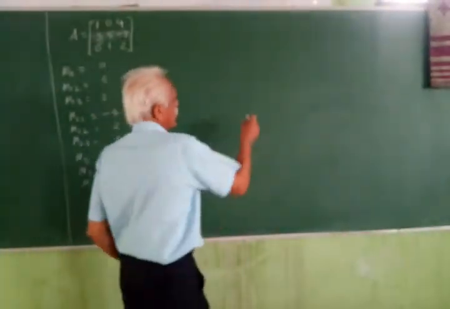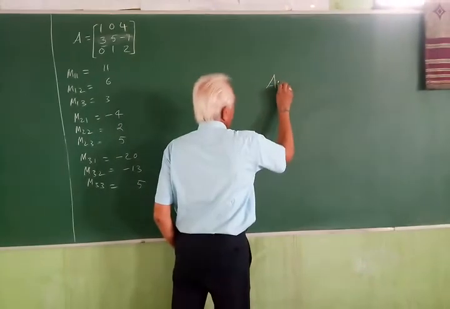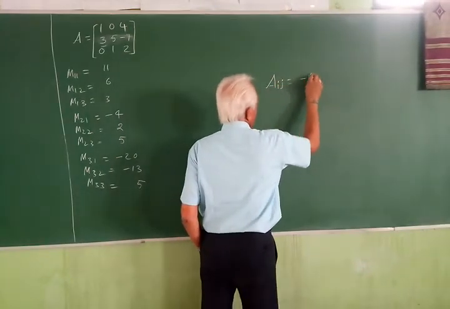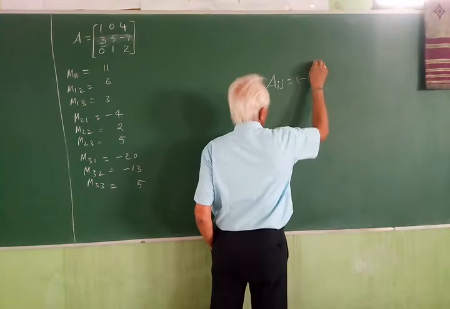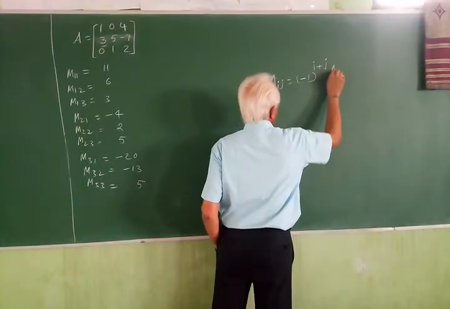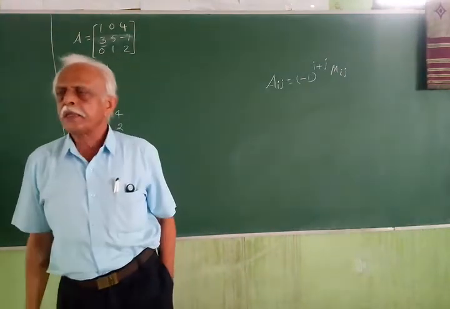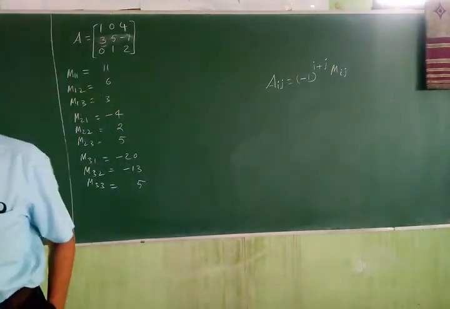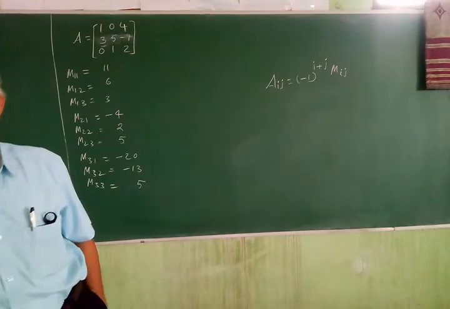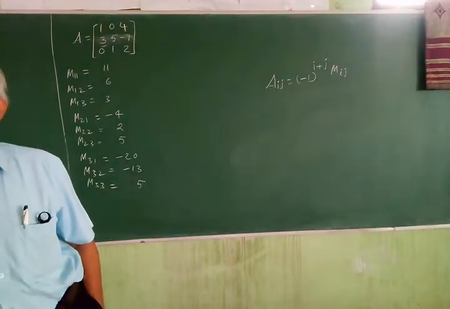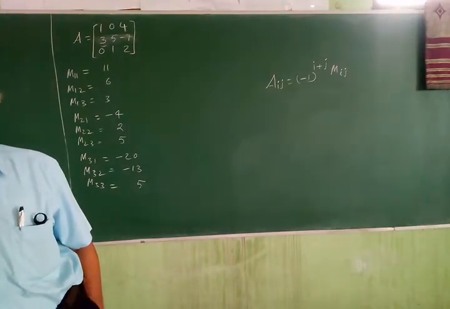Means how we get this: Aij is equal to minus 1 power of i plus j into Mij. Minor values multiplied by minus 1 power of i plus j gives you the cofactors.